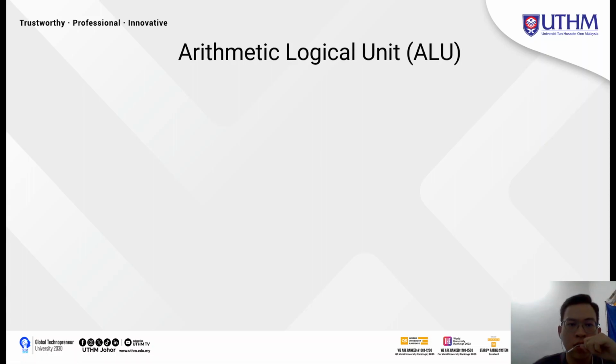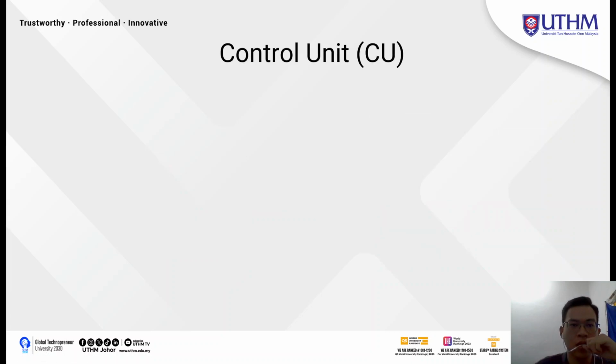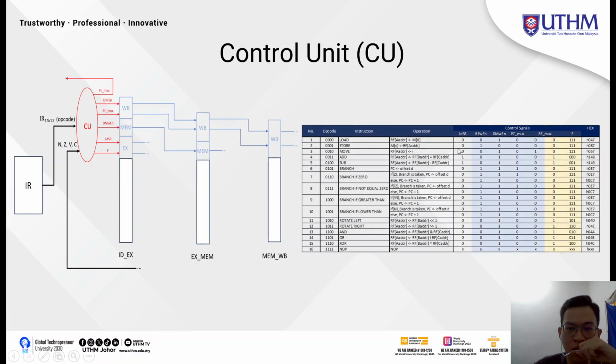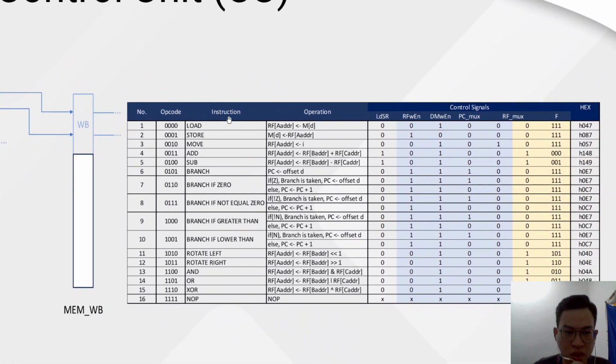And then an arithmetic logic unit (ALU), which is used to operate the addition, subtraction, the logical instructions, and two rotate instructions based on the control inputs. And last but not least is the control unit. This is the block diagram of the control unit, and this table shows the control sequence of each instruction in hexadecimal.